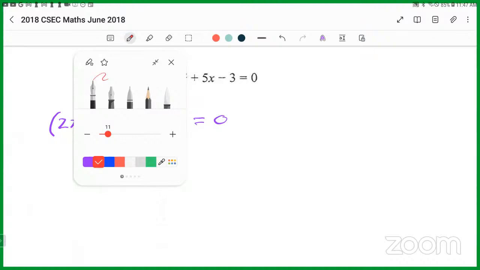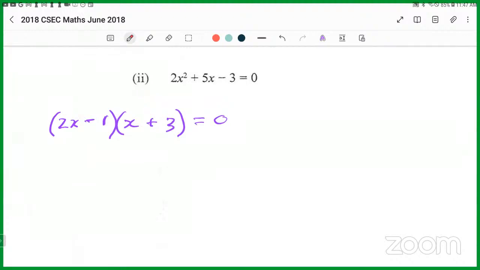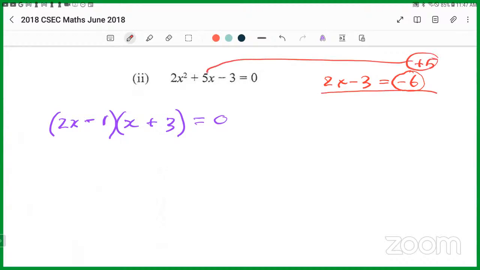If I'm going to do it the normal way, the process way, I'm going to multiply the 2 times the minus 3. 2 times negative 3 equals negative 6. I want a factor of negative 6 that adds to positive 5. The middle term coefficient is positive 5.